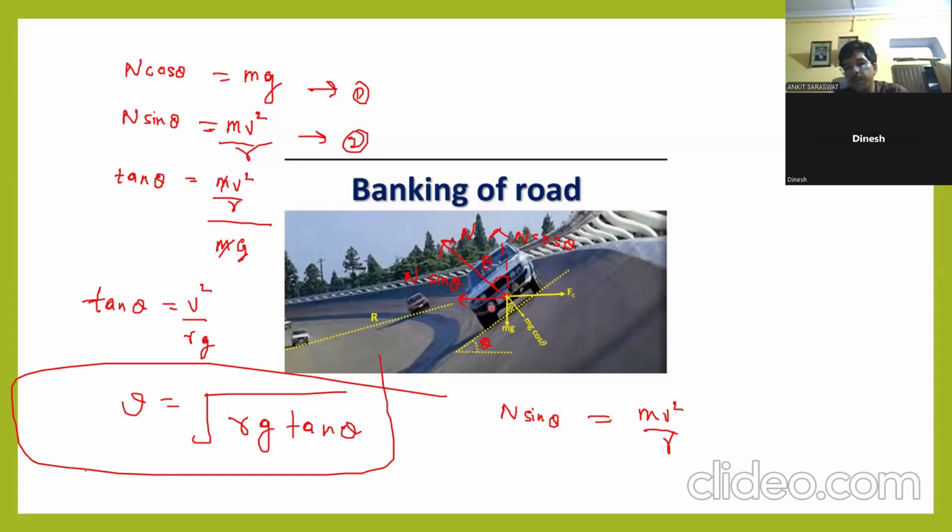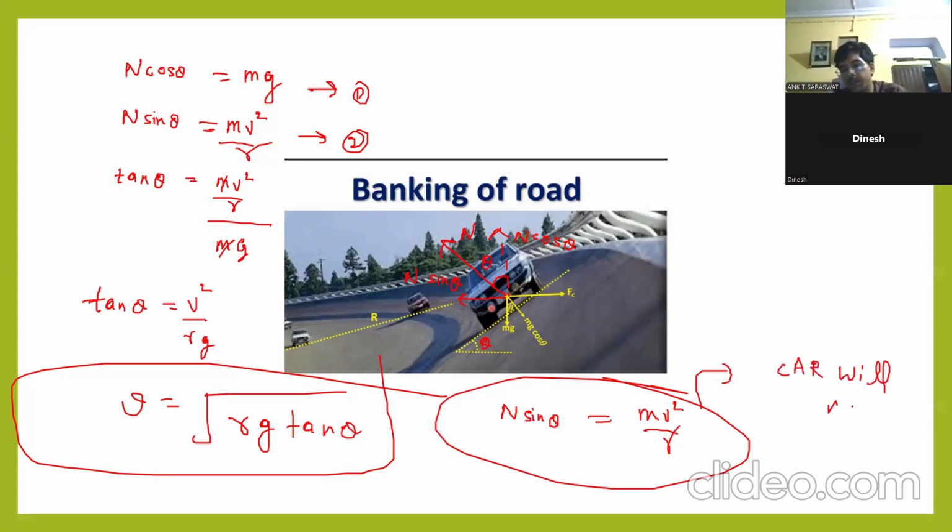Clear? At this condition, the car will not escape. There is no friction. Even if friction becomes zero, your car will not escape.